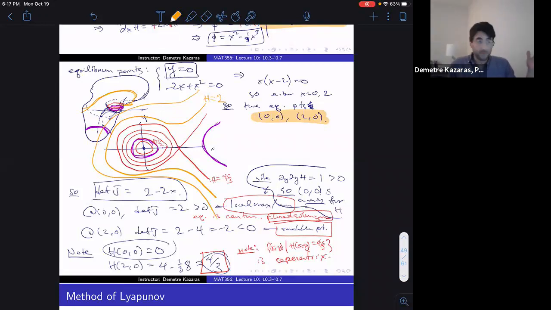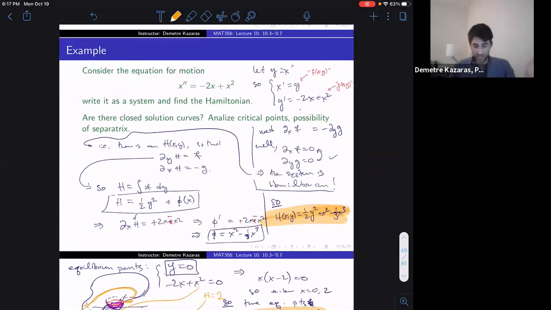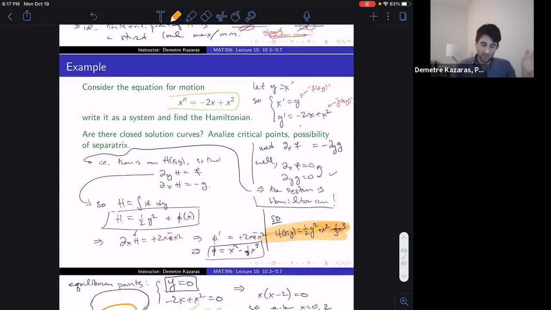Okay, very good. So that is how to use this: you're given some general equation. Maybe it is a nonlinear equation for motion, or maybe you're just given a nonlinear system. Here is one robust technique.